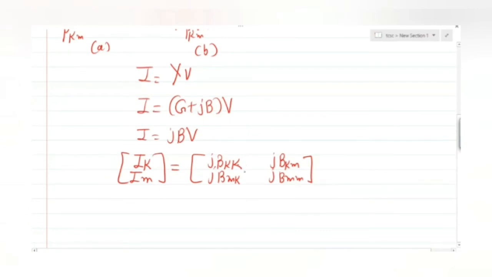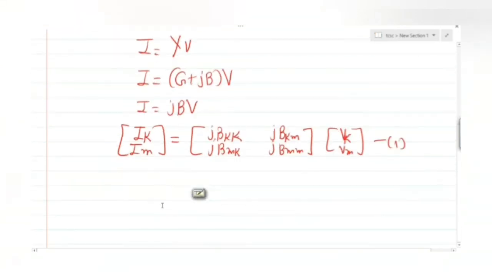The voltages of bus K and M are denoted by VK and VM. This is our equation 1. For inductive operation, the susceptances of the buses are calculated using BKK is equal to BMM. That means the diagonal elements are the same. It is minus 1 upon XTCSC.